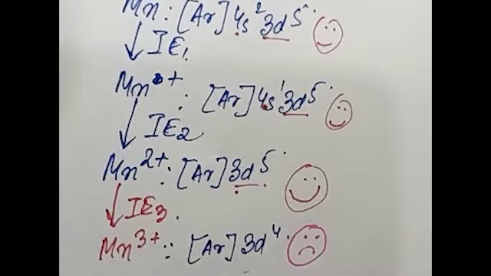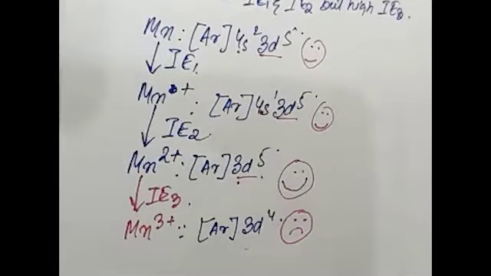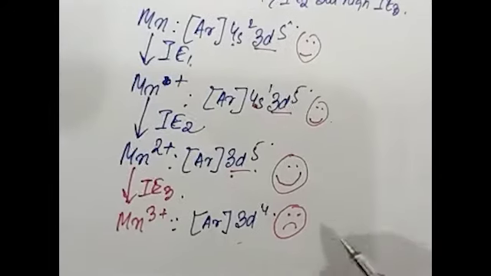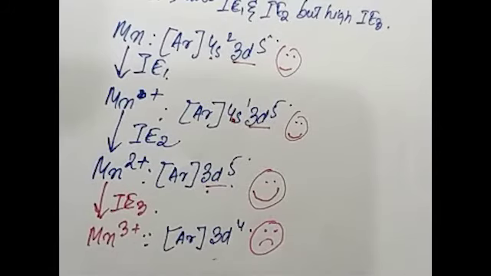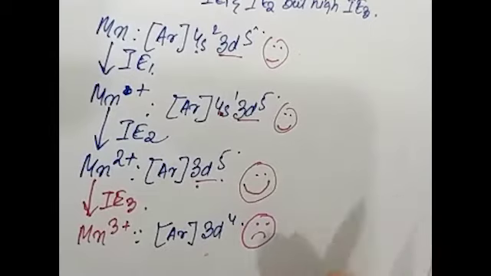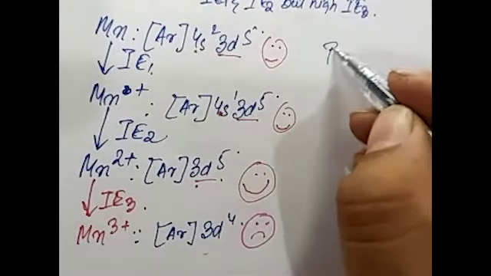Configuration is disturbed. 3d5 is gone and 3d4 has come. So that is again unacceptable. Okay. So therefore, Mn3 plus is generally not formed. It is rare. Okay. So practically, some electronic configurations are not found.